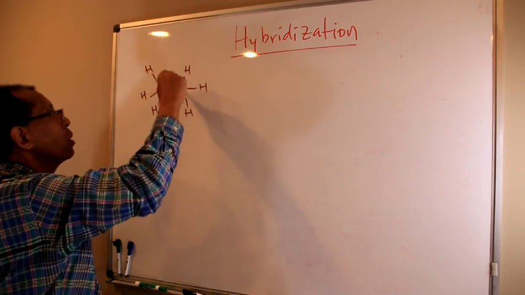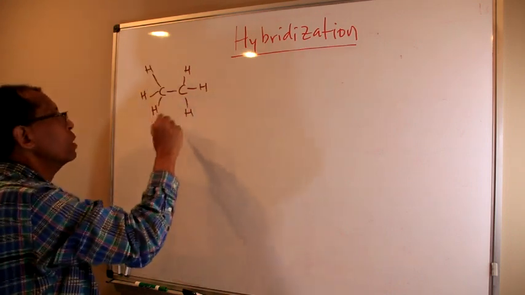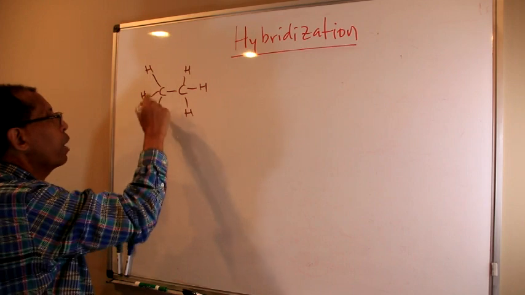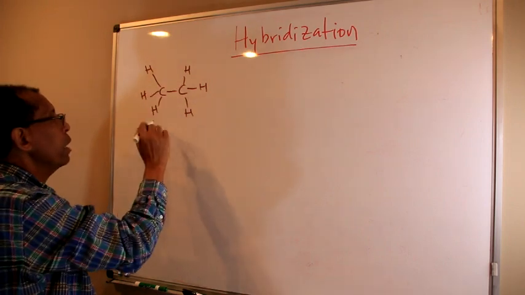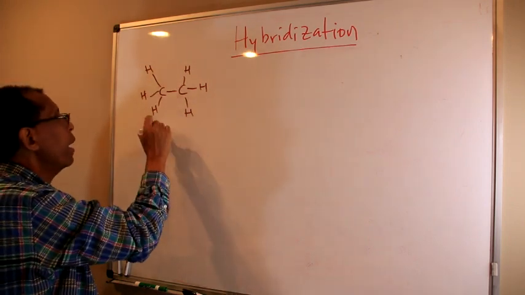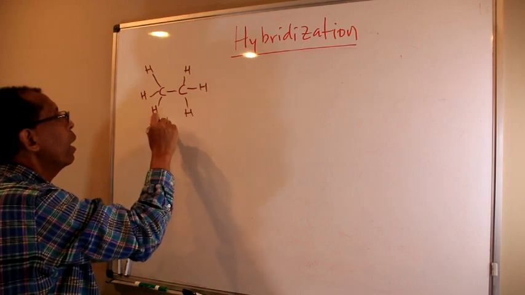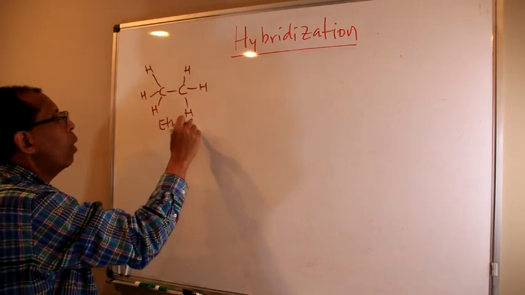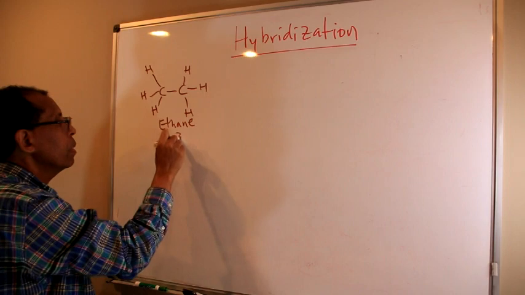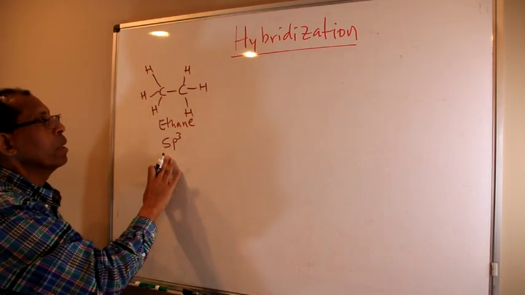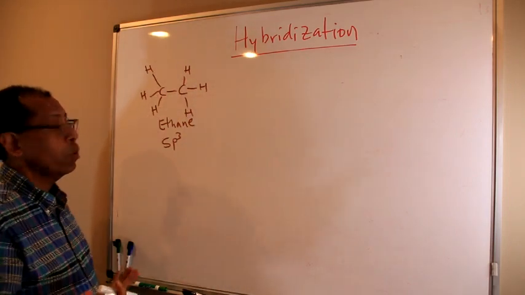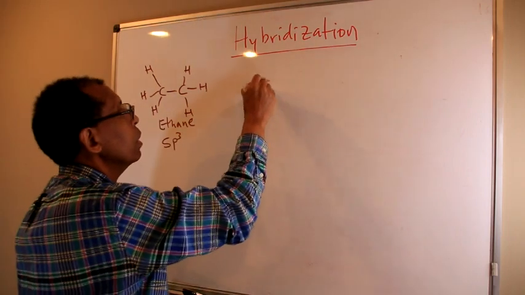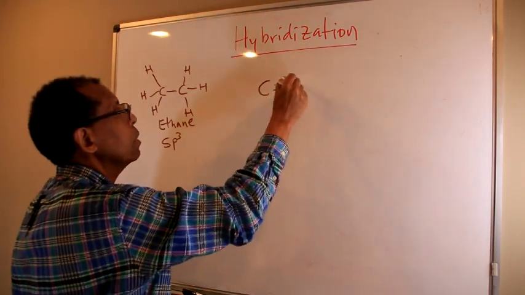These are all sigma bonds here. So this is an example of sp3. This is called ethane. All are sp3, and they are all sigma bonds. As you see, there is no double bond.